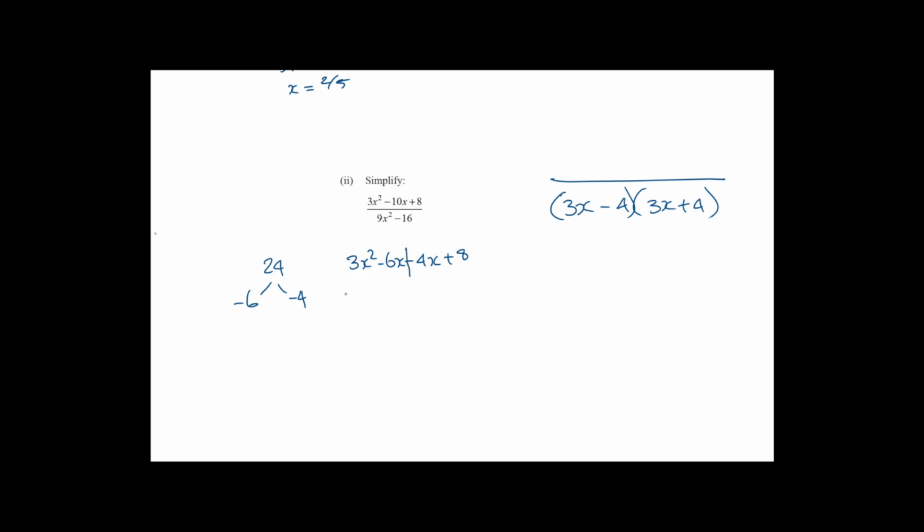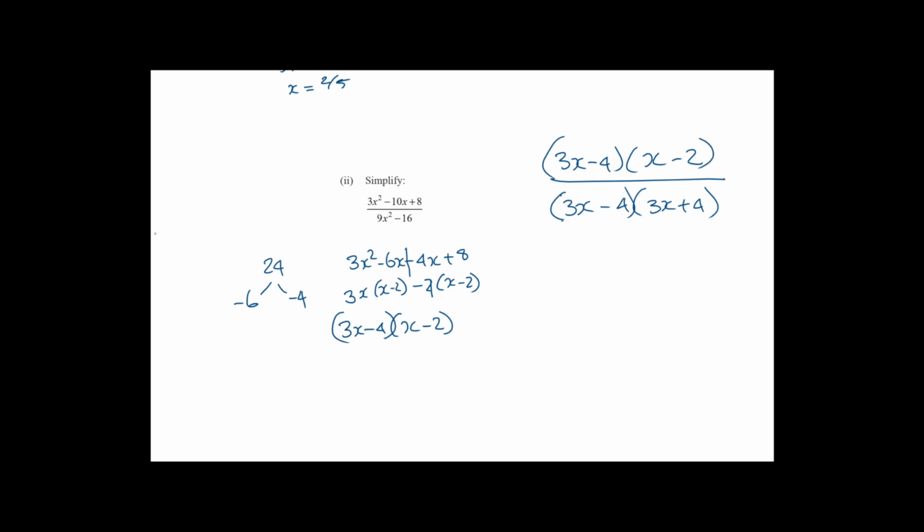Separate that. So this is 3x, x minus 2. Can we find x minus 2 here? Yep, we can by putting a negative 4 out the front, collect what's outside the brackets, keep what's inside the brackets. Look at that.